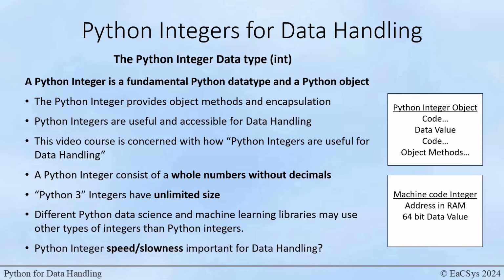So, is speed important for data handling, and how does the slowness of Python integers affect data handling? Most persons doing data handling spend 97% of the time planning and coding, and 3% of the time waiting for computations.